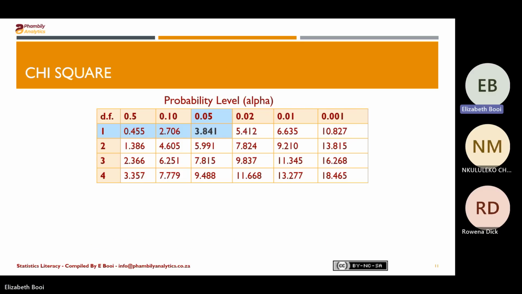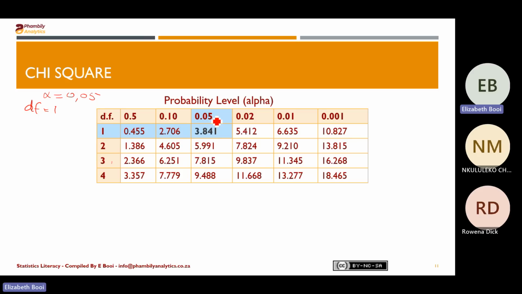I go to the chi-square table and find my degrees of freedom. Remember, we found the degrees of freedom to be 1. Let's assume that our test was at the 0.05 level of significance, or alpha. On the table of critical values of chi-square, I go to degrees of freedom on the left, and at the top I look for the alpha value.